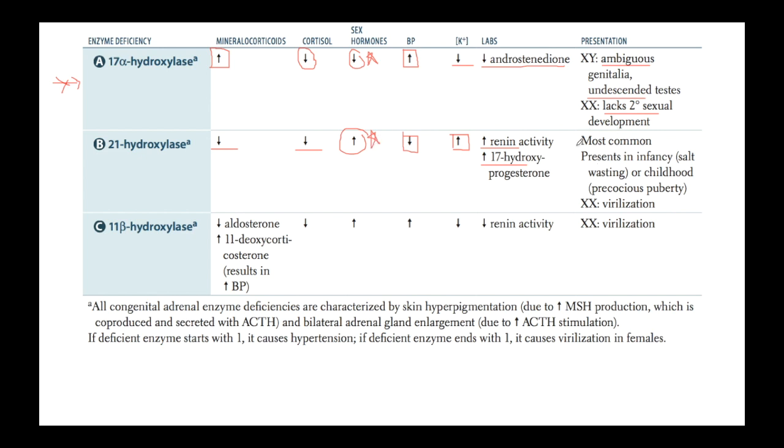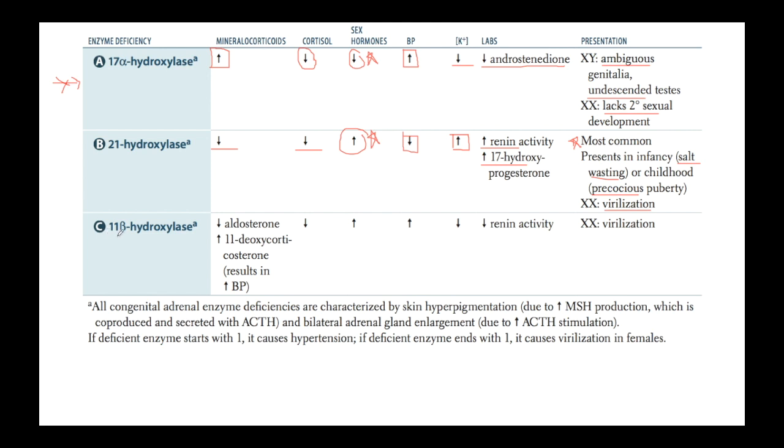And remember, this is the most common of these enzyme deficiencies, and it can present in infancy with salt wasting, or during childhood with precocious puberty, or in females, virilization. Again, because you have very high sex hormones.